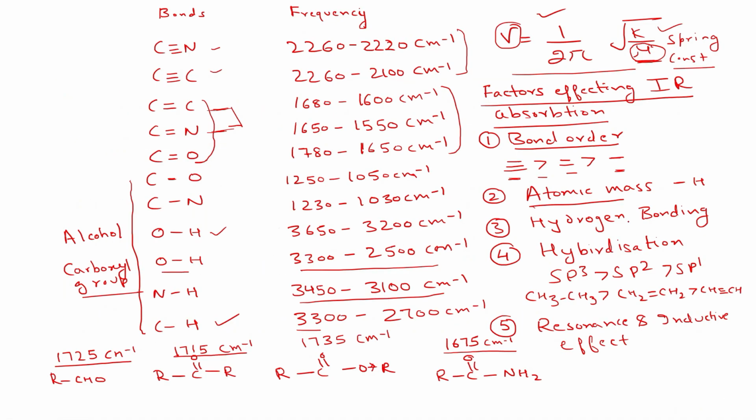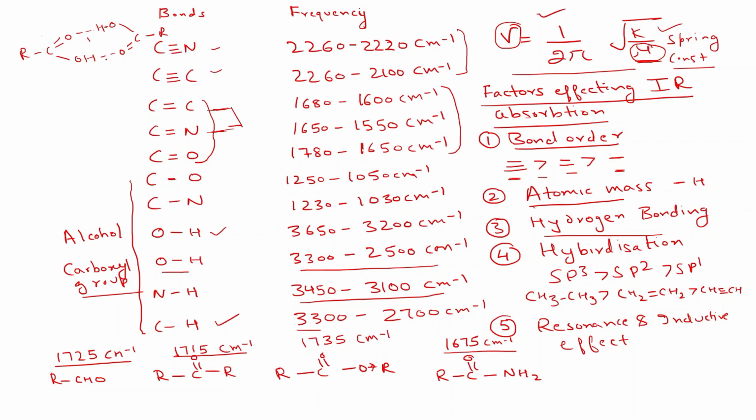Now coming to hydrogen bonding. I have already told you that in case of the carboxyl group, say if this is a carboxyl group, there are two hydrogen bonds happening here.